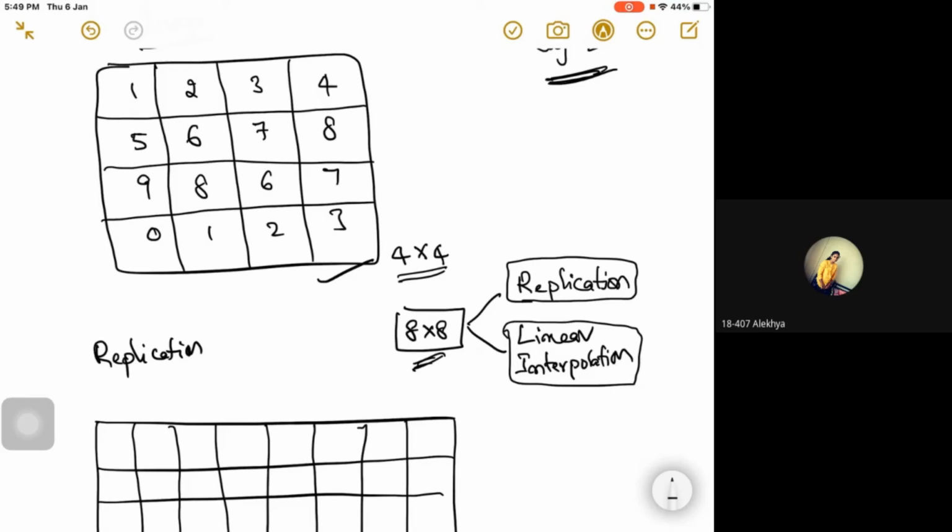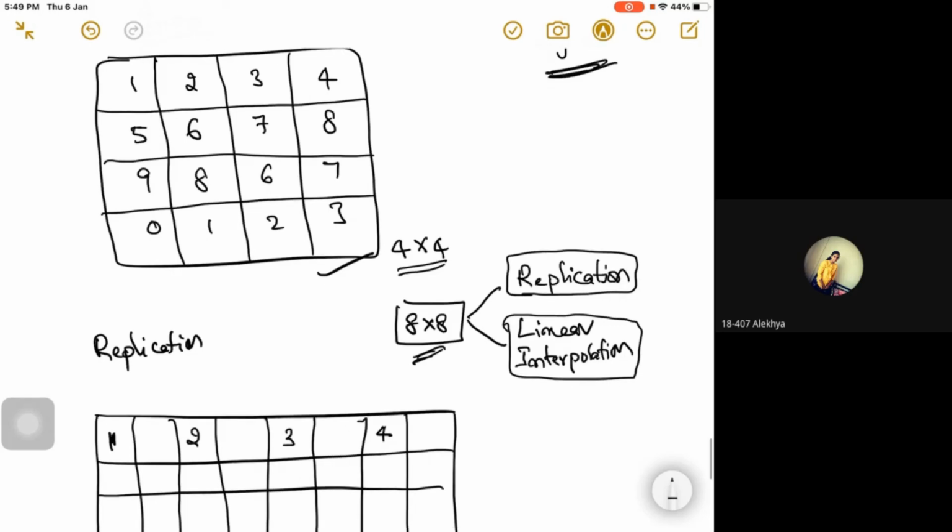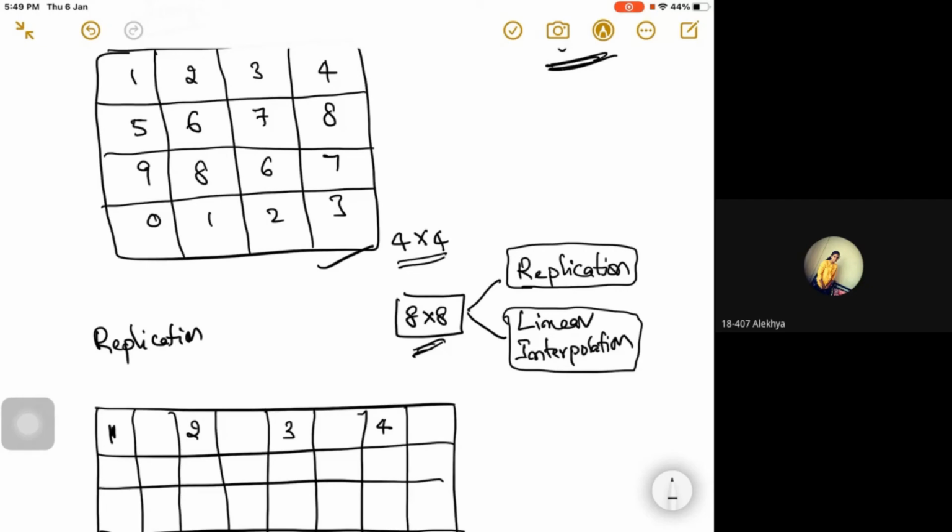For example, here the first one is 1, then write 2 by skipping one column, then 3, then 4. Similarly, the second row 5, 6, 7, 8, you write in the third row, not in the second row. You have to leave one row as well as one column empty.